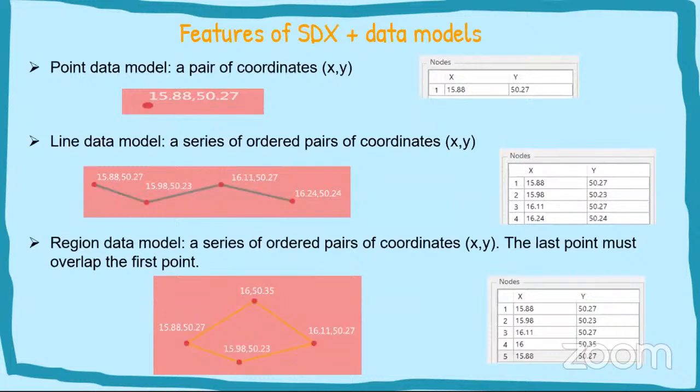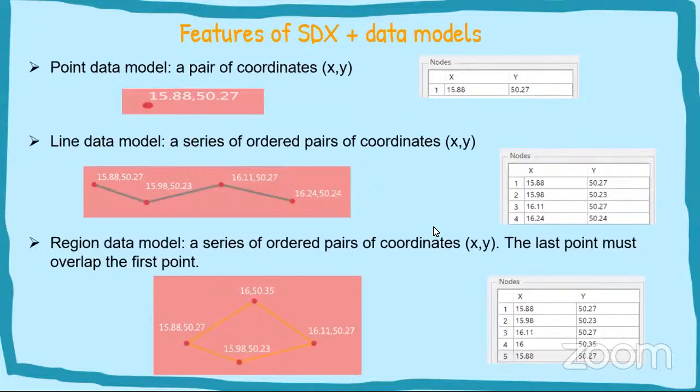Next we go to the data models. There are a few data models that we have, such as the point, line, and region data models. The point data model is a pair of coordinates, where if you open the nodes, you can see the X and Y, which represent the longitude and latitude.